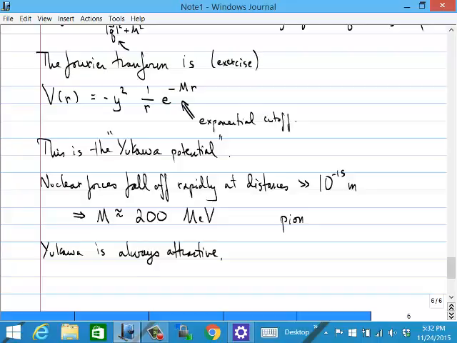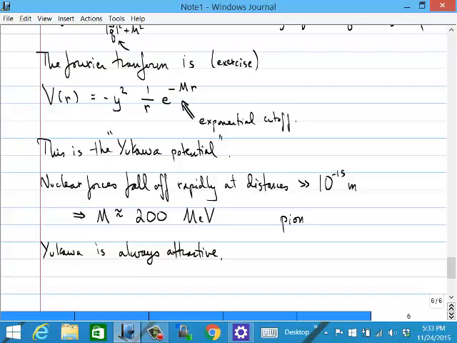Okay? And this is a qualitative difference between a theory where forces are governed by the exchange of scalar particles as opposed to the exchange of vector particles. So next class, we're going to do the analogous computation in QED. And hopefully, although I'm never very good with the signs, we'll find that like charges repel and opposite charges attract in QED.